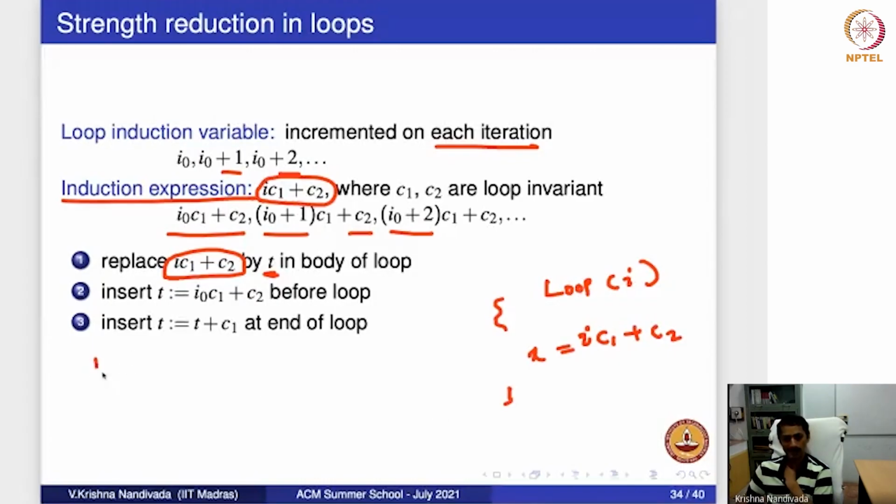I want to replace it with T equal to i0*C1 plus C2 before the loop, x equal to T inside, and at the end of the loop, T equal to T plus C1.